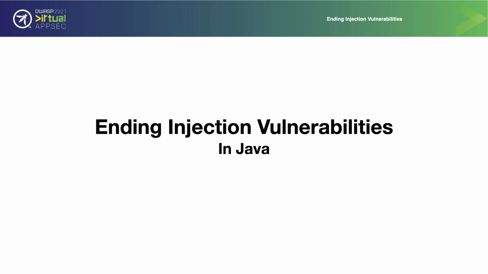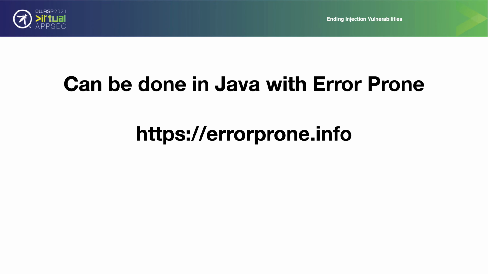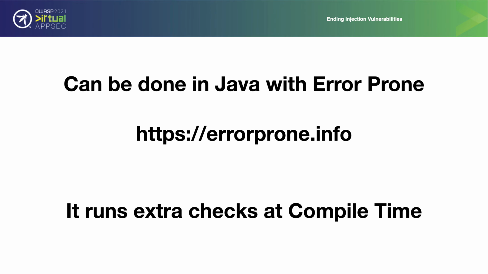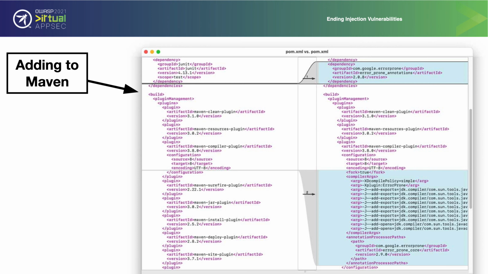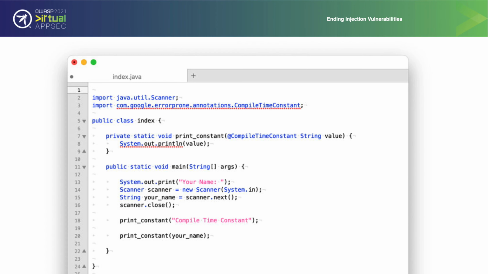So, Java. There is a library called Error Prone, again created by Google, and it runs extra checks at compile time. Use your dependency management system, and you just append it. All the instructions are on their website. It does have a few dependencies, but the actual Java code is quite simple.